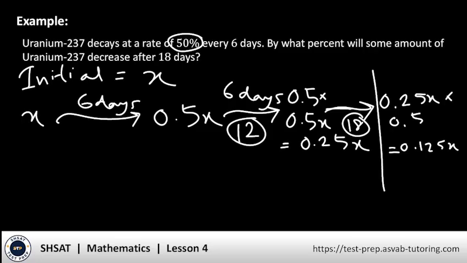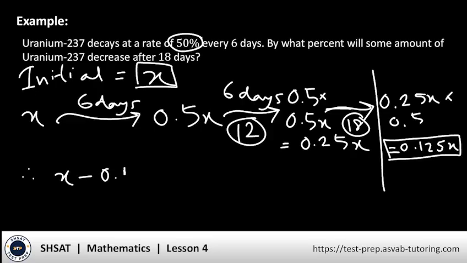Now, what did the question say? The question said, by what percent will it decrease after 18 days? So this is the amount after 18 days. But initially, it was x. So by what percent did it decrease? If I want to know that, I'm going to subtract it from the initial amount. So x minus 0.125x is going to be 0.875x.